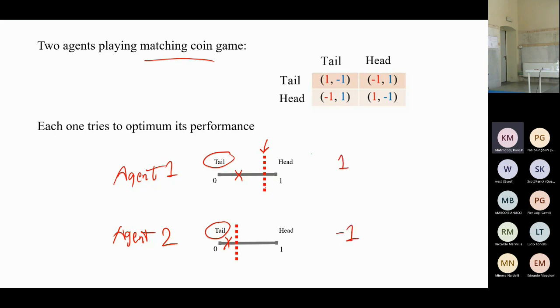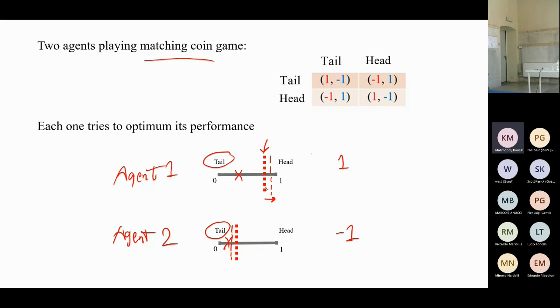Now, based on the payoffs, because this decision for agent 1 was good, we'll move the threshold a little bit to the right to improve the chance of picking tail for the next trial. And for the other agent, because it was a bad decision, we'll move the threshold to the left to decrease the chance of tail.